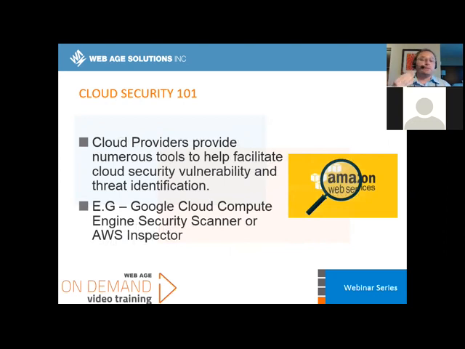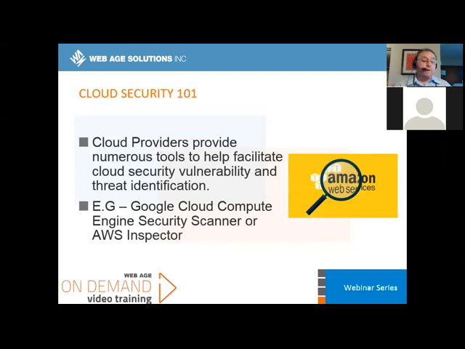One of the things that they're going to help you with is provide some tools. Those tools, like I had mentioned, could be Security Scanner if you use App Engine, for example. It could also be Trusted Advisor with AWS. And there's certainly other tools out there as well that are available.